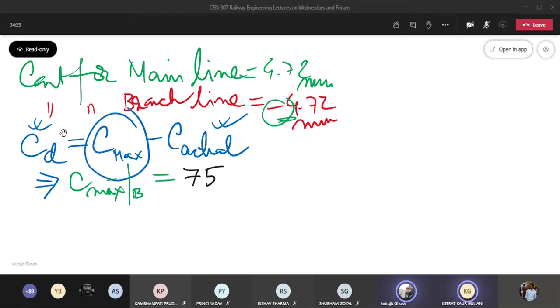So wait, the efficiency again is 75 because we do not differentiate between main line or branch line. So what is the value you are getting? 70.28. Okay.